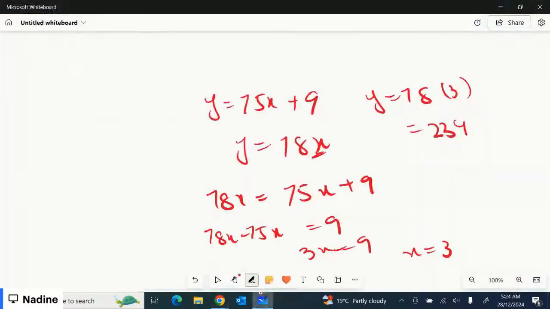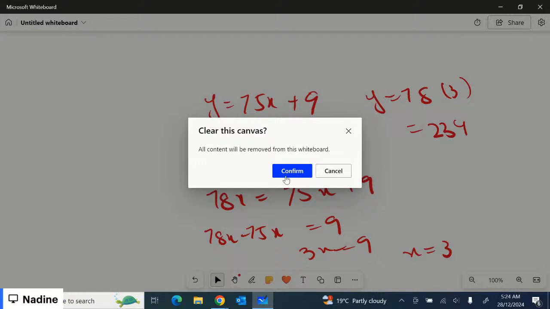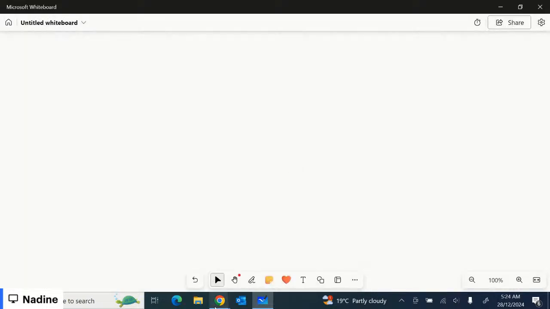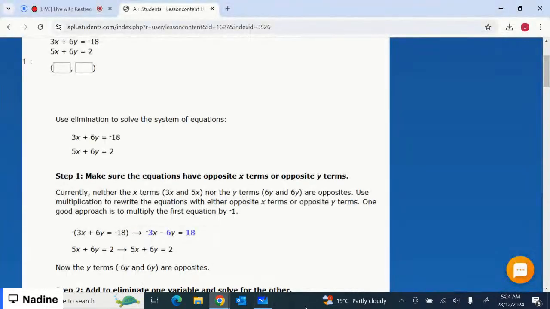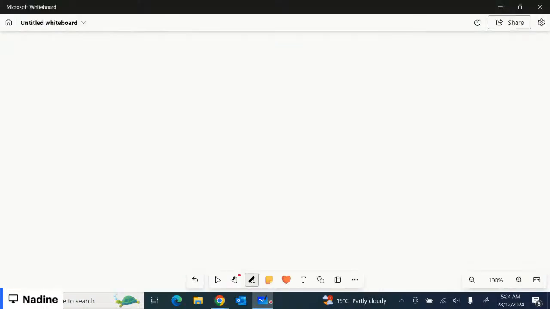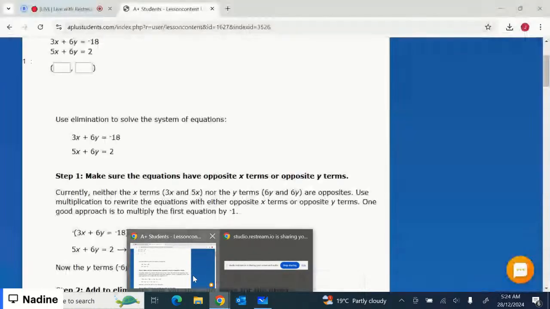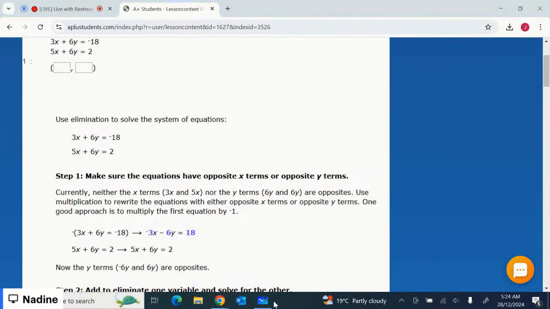So let me just write down 3x plus 6y equals negative 18 and 5x plus 6y equals 2.